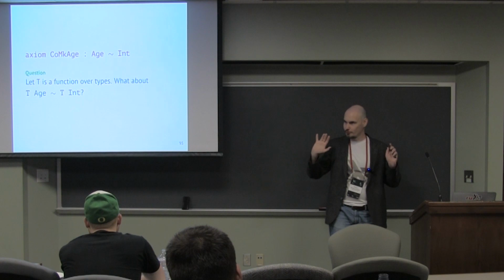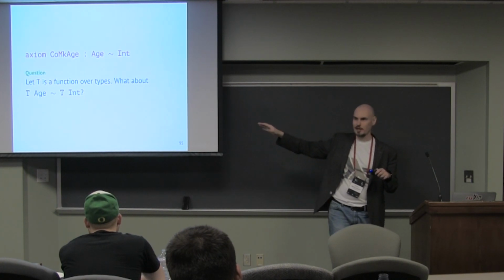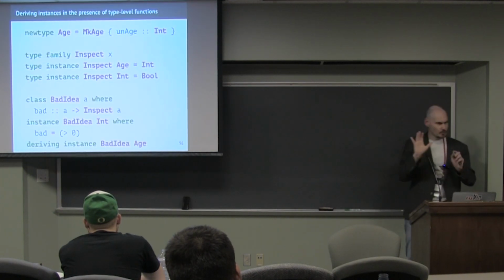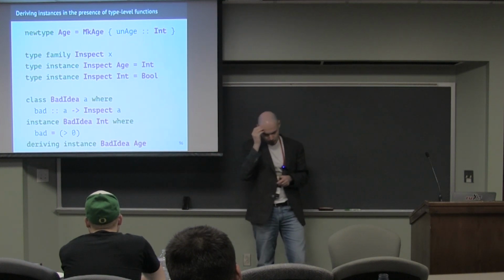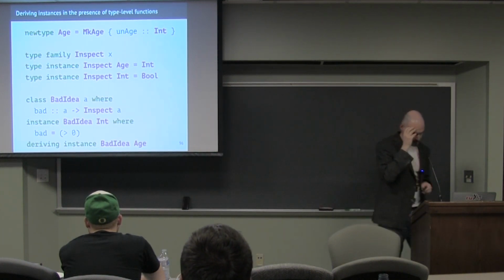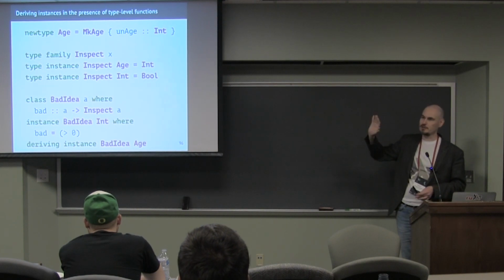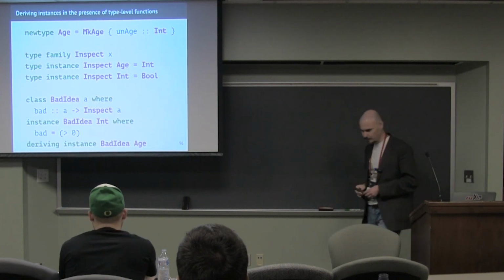So we will do very awful things using this coercion, T Age to T Int. It's quite a difficult example. We don't have much time to talk for a long time about it, but it's a very well-known example. You can find it over the internet.